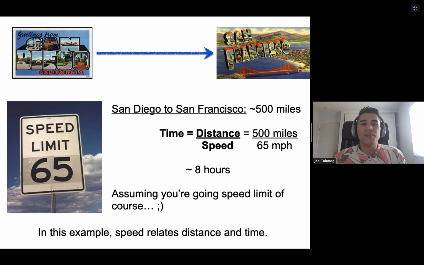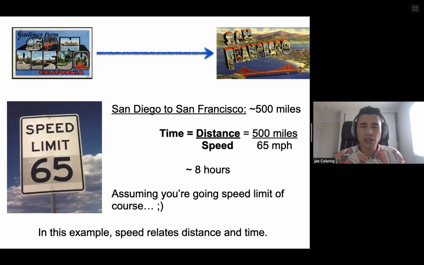And so the reason why you're saying it's about 8 hours is, one, you probably experienced it yourself, or two, you could guesstimate that, hey, if you're going 500 miles and you're going to be on the freeway for the most part, which has a speed limit of 65 miles per hour, well, you take the distance divided by the speed, which gives you the time. So therefore, 500 miles divided by 65 miles per hour, that's going to give you about 8 hours.